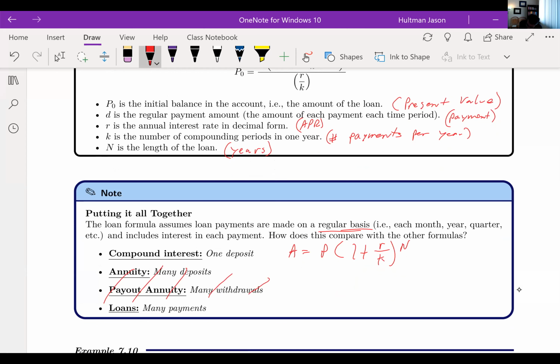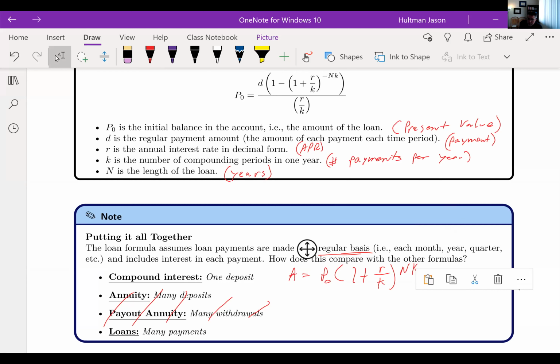Using their notation, this is the compound interest formula, and it contains a bunch of elements from this, just rewritten a little differently. In the compound interest formula, we don't have D because we're not making payments. It's one deposit, or one payout. And then loans, many payments, that's the formula up above that we're going to start utilizing.